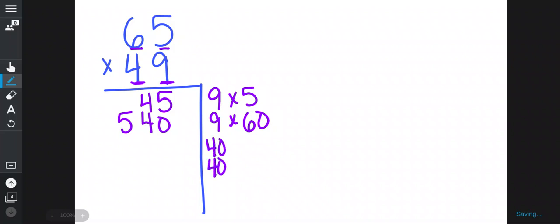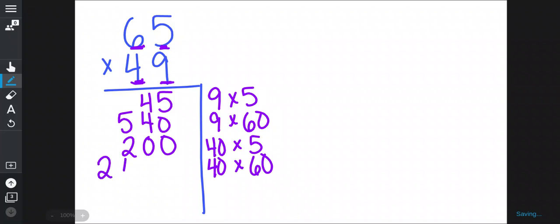So you can even think about how your first two numbers are going to be the ones place, and your second two numbers are going to be the tens place. First, I'm going to multiply 40 times my ones place. So 40 times 5, that's going to give me 200. Don't forget that extra 0. And then I'm going to multiply tens times tens, and that is going to be 40 times 60.